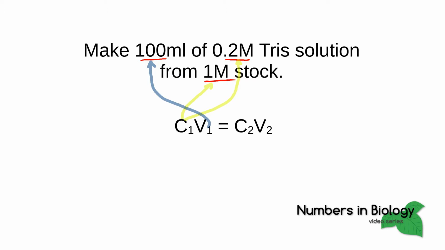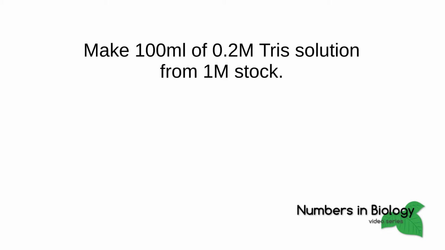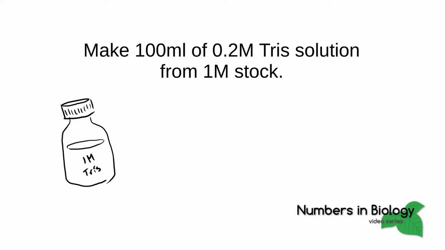So, in order to understand this, let's take a closer look at what this word problem actually means. What we have here is a story about a bottle of 1 molar Tris. This is your stock bottle. Now, you will be using this to prepare a new solution in a beaker.